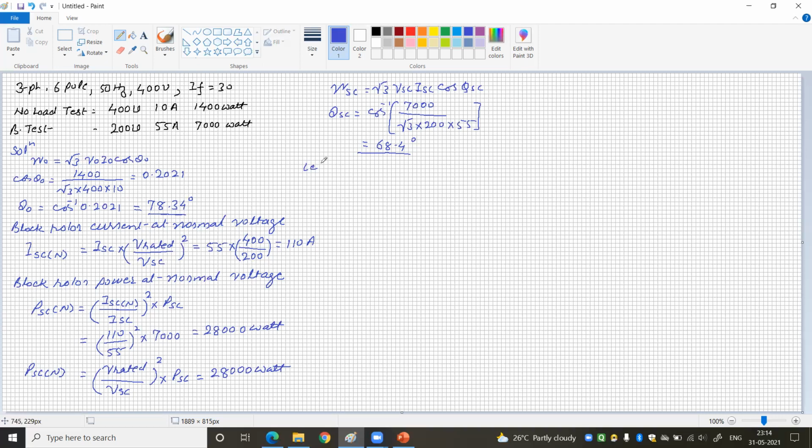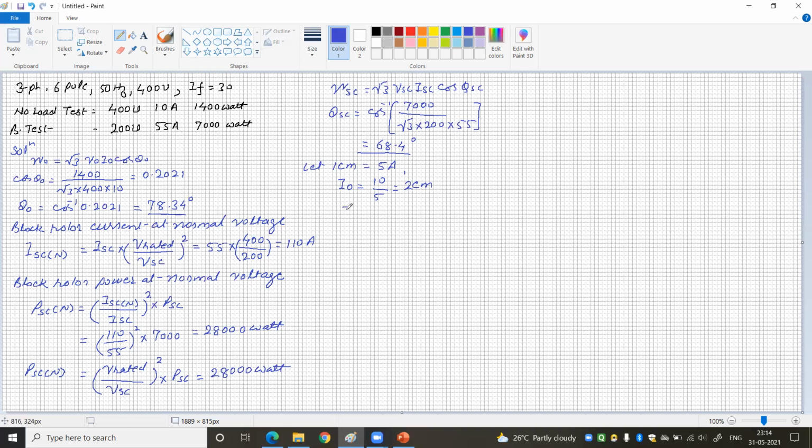Let 1 centimeter is equal to 5 ampere. Then we can say that here the no load current I0 is equal to 10 ampere. So 10 divided by the selected scale, so it is for the 2 centimeter. No load current is represented by 2 centimeter.